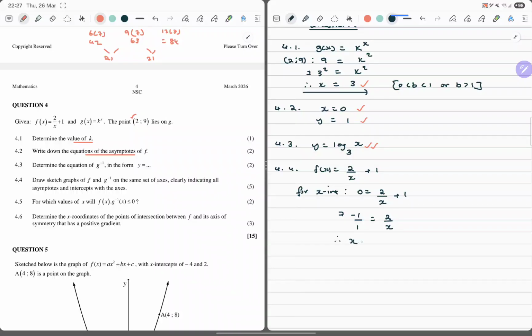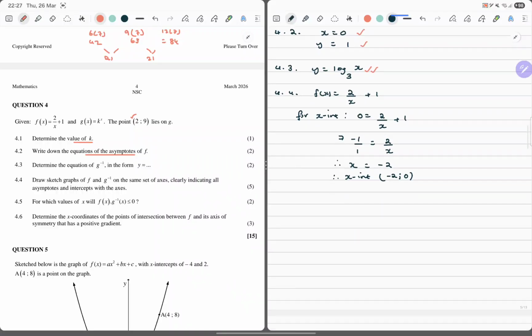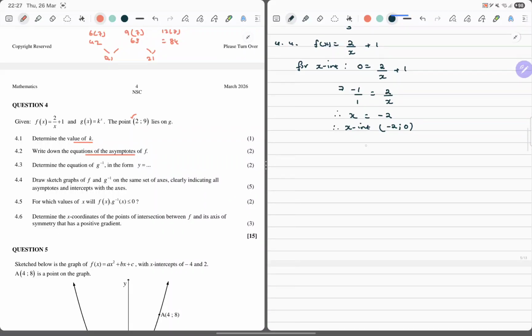From here we can see that x is going to be minus 2, because if we cross multiply there, it's going to be minus x equals 2. We solve for x. So we can say therefore the x-intercept is (minus 2; 0). Okay, that's what we need. Then we go and do the sketch.